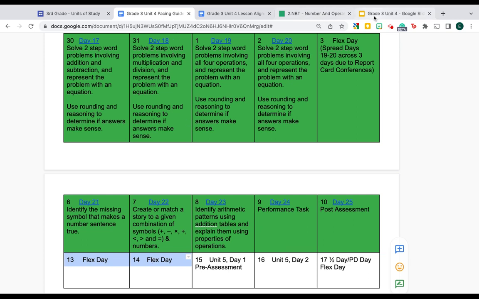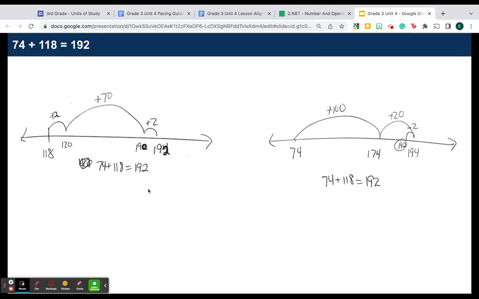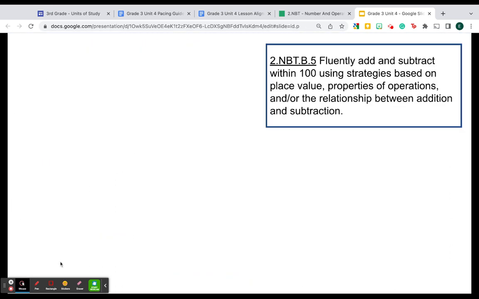One thing that I want to highlight before we wrap up, I got ahead of myself, is the relationship between second, third, and fourth grade addition and subtraction. In second grade, students were adding and subtracting using all kinds of place value strategies within 100.